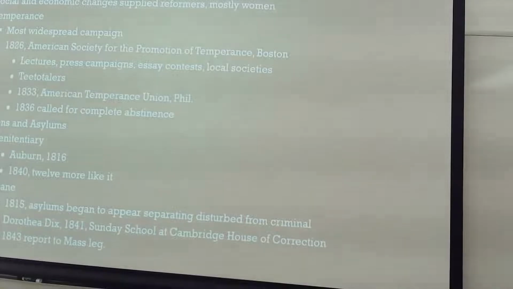Now, the problem with complete abstinence is a problem that any group goes into. You just can't make people quit everything. It's just too extreme. And in 1836, a lot of their more moderate members decided that signing that pledge was just a little more than they bargained for. Rather than sign up for total abstinence, they just decided to be absent from the whole process.